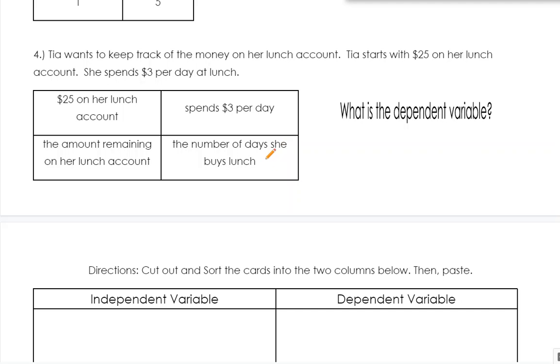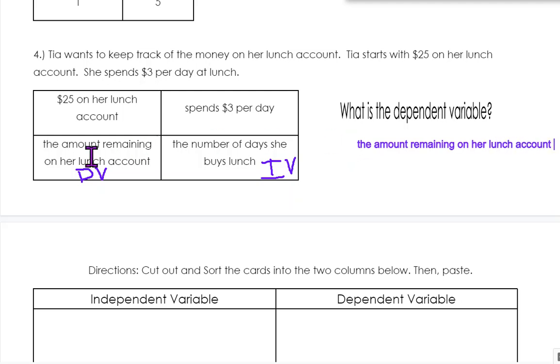Okay, so the number of days she buys lunch would be our independent variable. That's the thing she can change, right? So what's dependent on the number of days she buys lunch? Well, that would be the amount remaining in her lunch account, right? So that would be our dependent variable. The amount remaining on her lunch account.